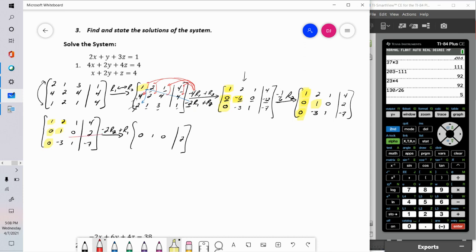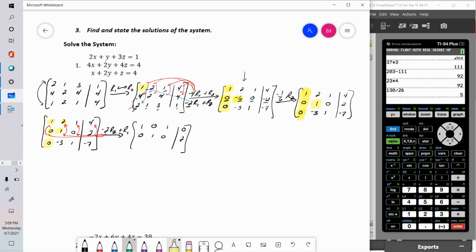So -2 times 0 is 0, plus 1 is 1. -2 times 1 is -2, plus 2 is 0. -2 times 0 is 0, plus 1 is 1. -2 times 2 is -4, plus 4 is 0.